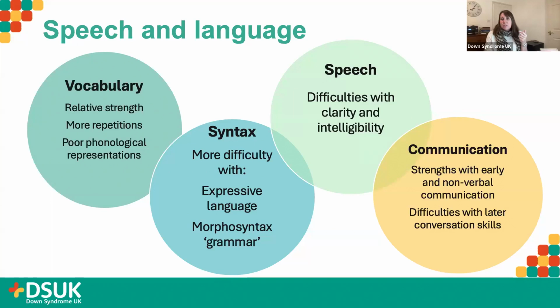And similarly, children with Down syndrome have a specific difficulty with what we call verbal short-term memory. So they have difficulties remembering what they've heard. So they have difficulties hearing it in the first place, difficulties remembering it, and then, of course, difficulties storing it in their head, which means that often the words that they have stored up here are not quite accurate. They're missing some of those sounds that they couldn't hear and remember as they were learning.